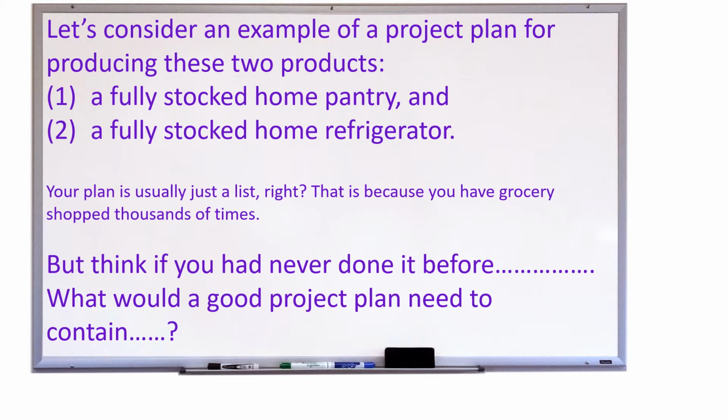Okay, so let's think of another example and go through another little scenario here. What if we were to create a project plan to produce these two products, a fully stocked home pantry and a fully stocked home refrigerator?